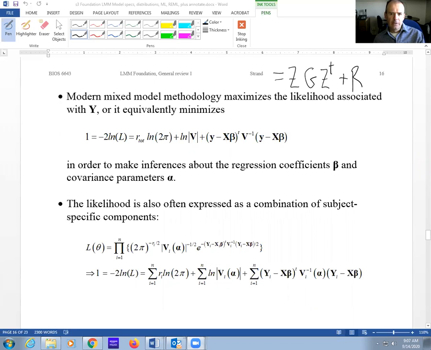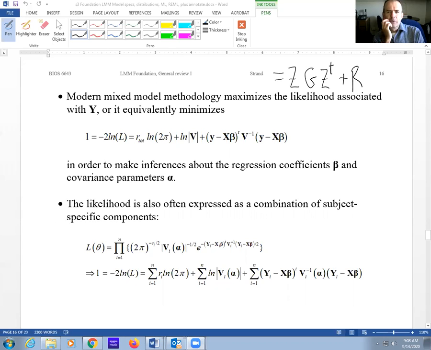If you've had theory, you know that maximum likelihood estimation is a pretty common way to estimate parameters in a model. So what do you need in order to do maximum likelihood estimation? What do you need to know? Distribution. Yes.